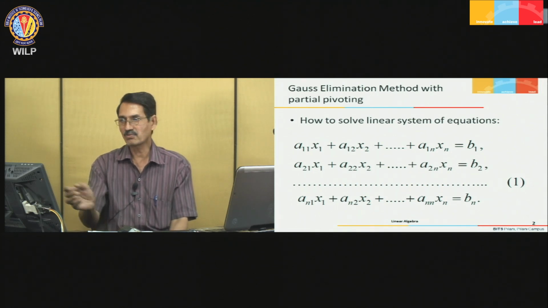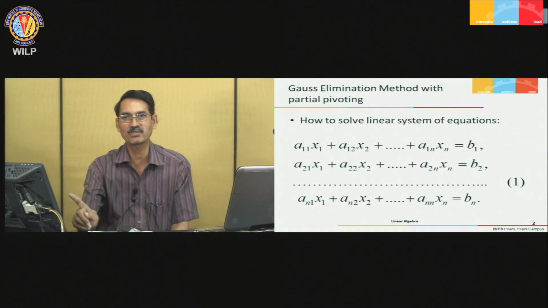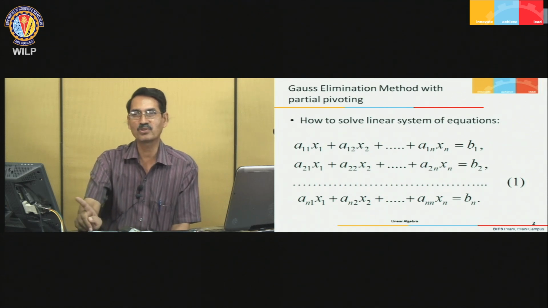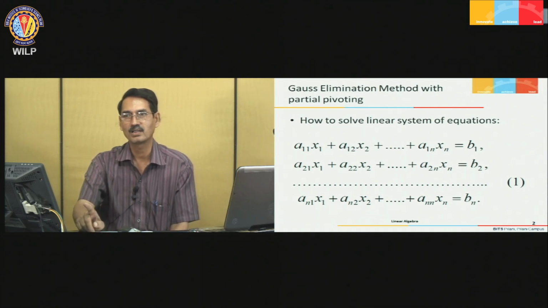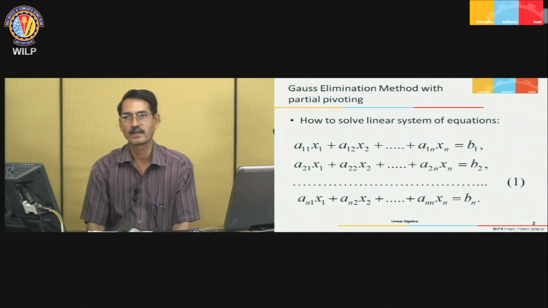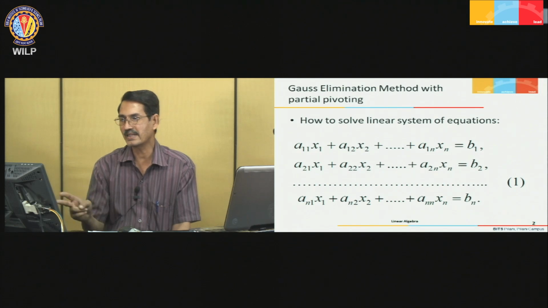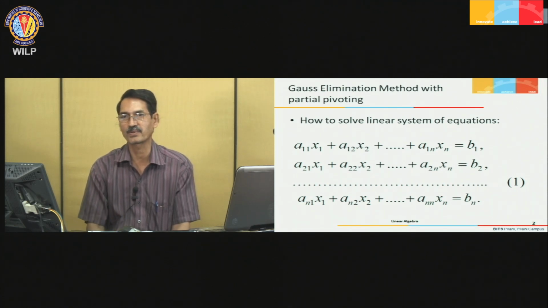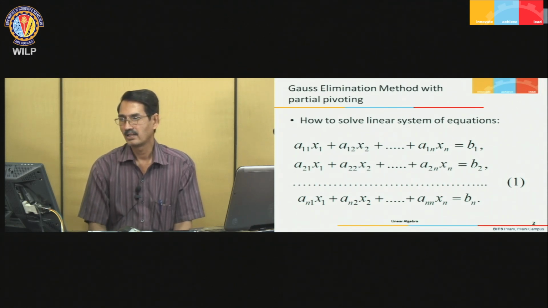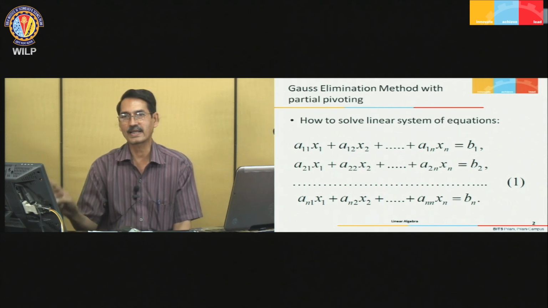And these equations are a11 into x1 plus a12 into x2 and so on and so forth plus a1n into xn is equal to b1. This is the first equation. And similarly, we are having second equation, third equation and nth equation, where x1, x2, x3, xn are unknowns.